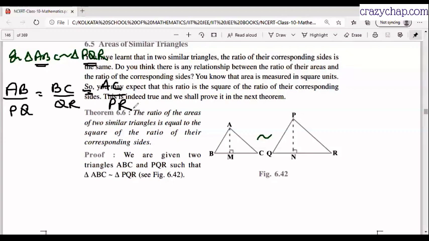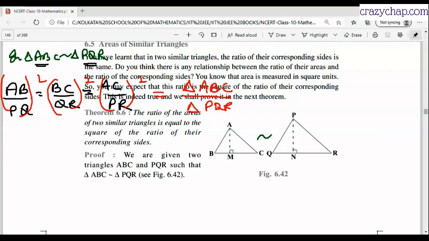This theorem says that the square of these side ratios will always be equal, and they will all be equal to the area of triangle ABC over the area of triangle PQR.